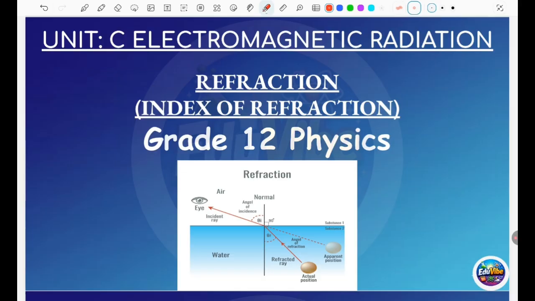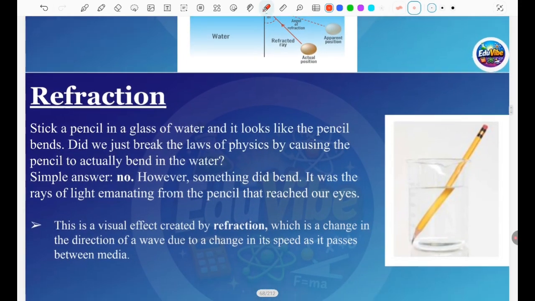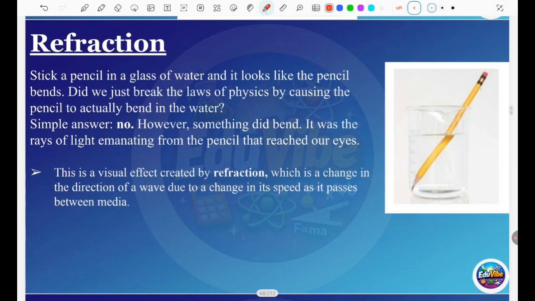So what is refraction? Let's start with this. You see this picture: a glass of water with a pencil put in it, and you can see that it looks a little bit bent. You see the bend, but actually the pencil is not bent. The pencil is straight, but it looks slightly bent under the water.